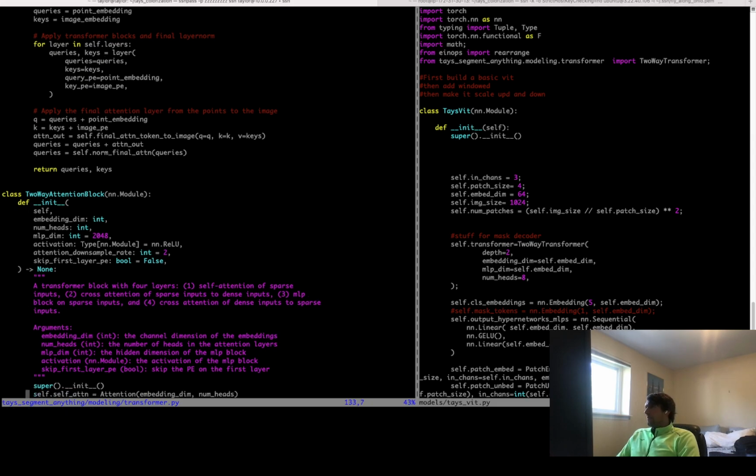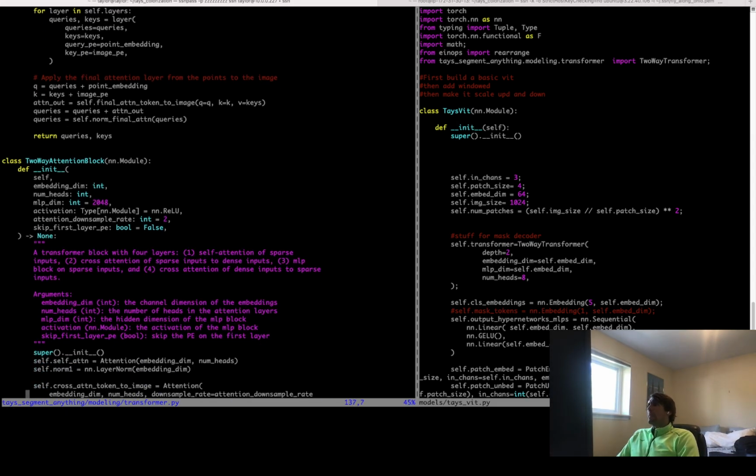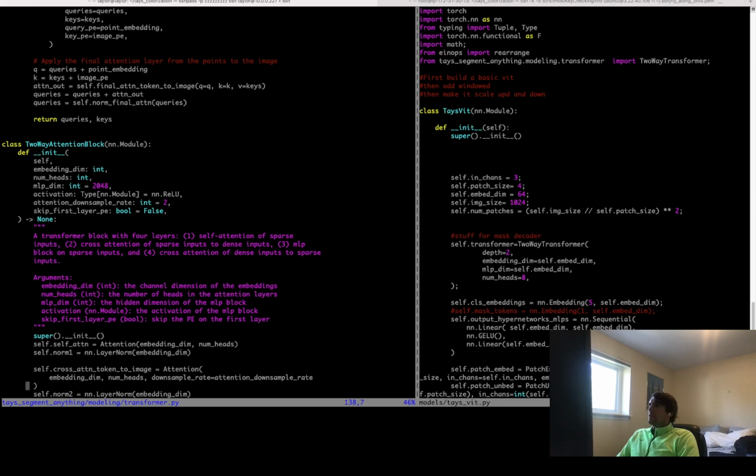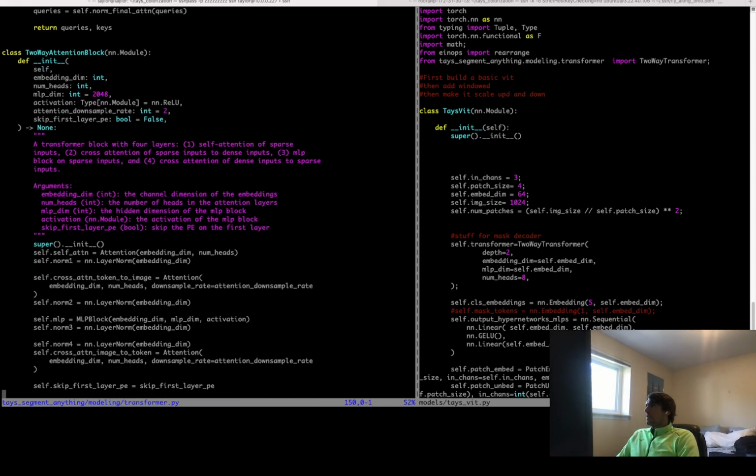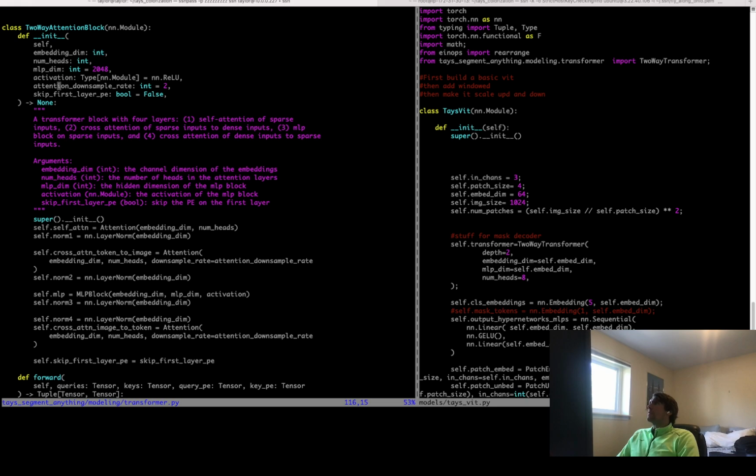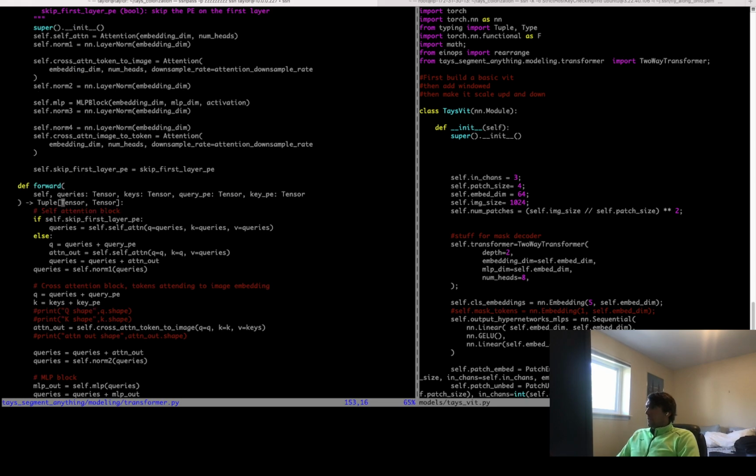Cross attention of dense inputs to sparse inputs. So I like all that. Queries, keys, query PE.